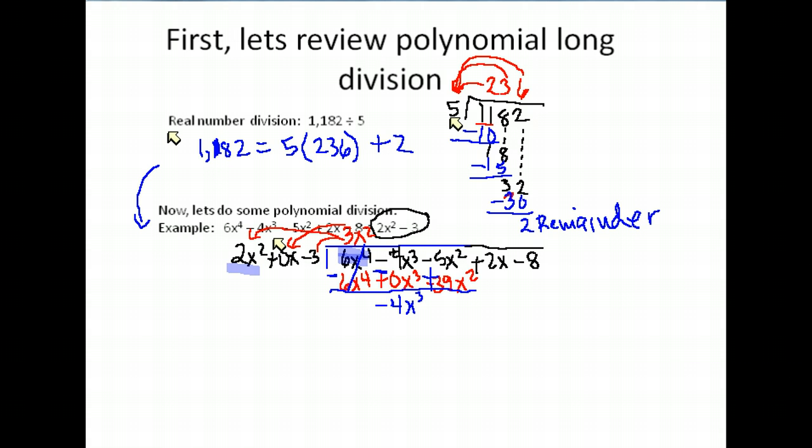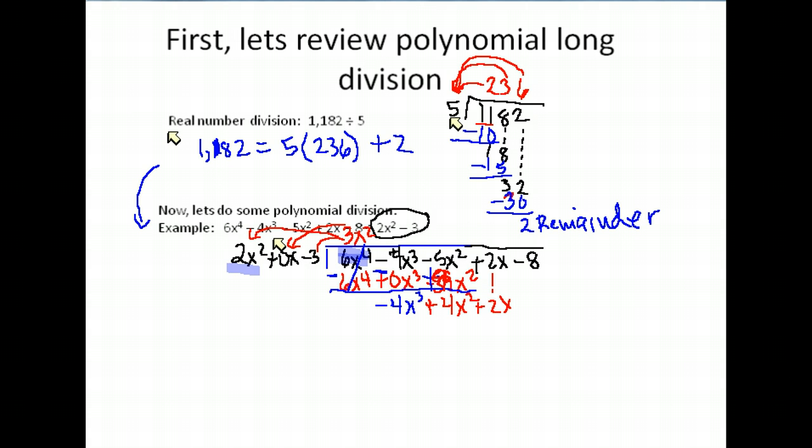My x squared, I have a, that looks like 39, but I'm fairly certain it's just 9. Okay, negative 5x squared plus a 9x squared is a positive 4x squared. Okay, and then we bring down the next term.